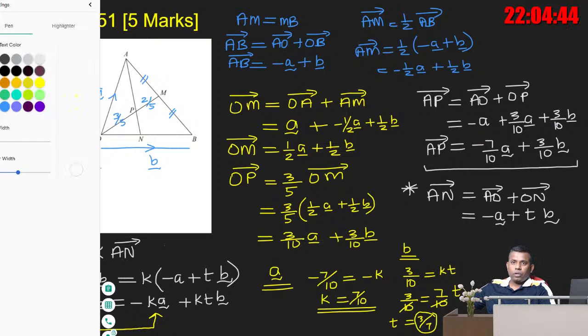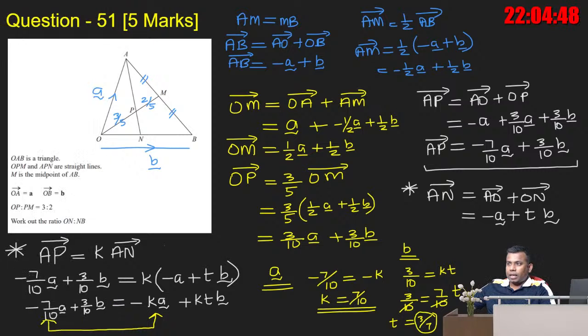So let me show you here. This is t. I said ON vector is t times OB, right? We already found out t is 3/7, so ON is 3/7 of the OB vector.